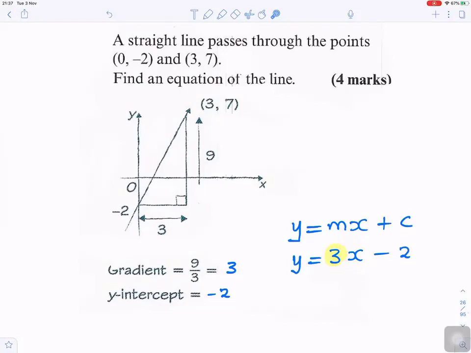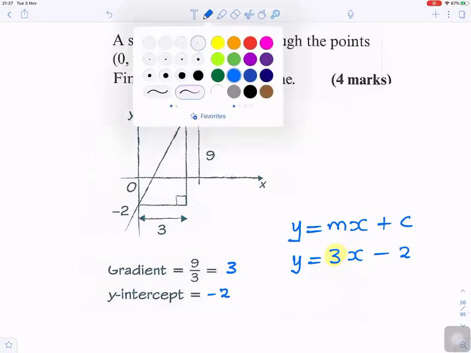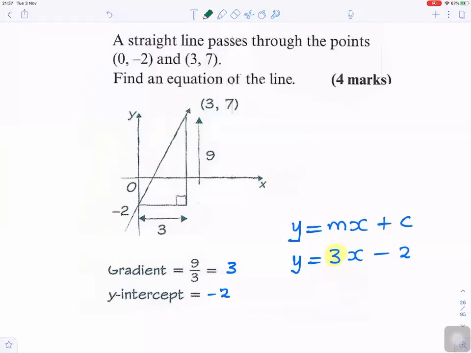And there is an equation which you need to learn because you can use it to find the gradient. You can use rise over run, change in y divided by change in x, x2 minus x1.